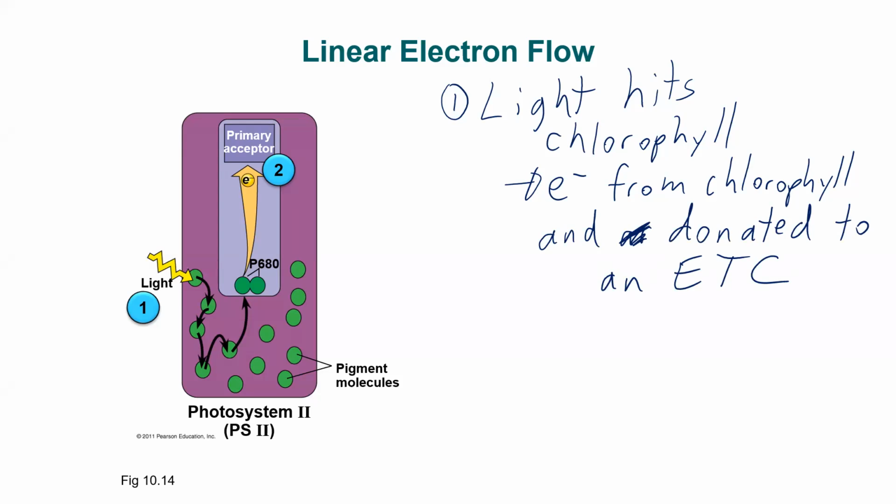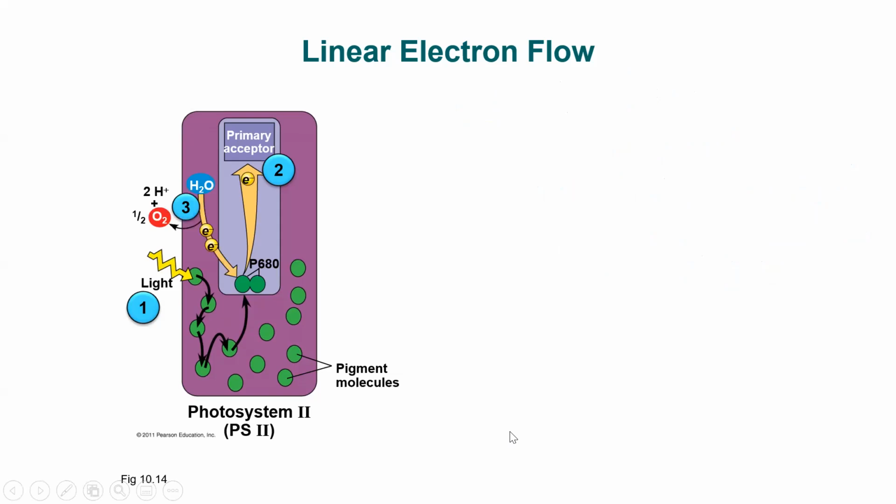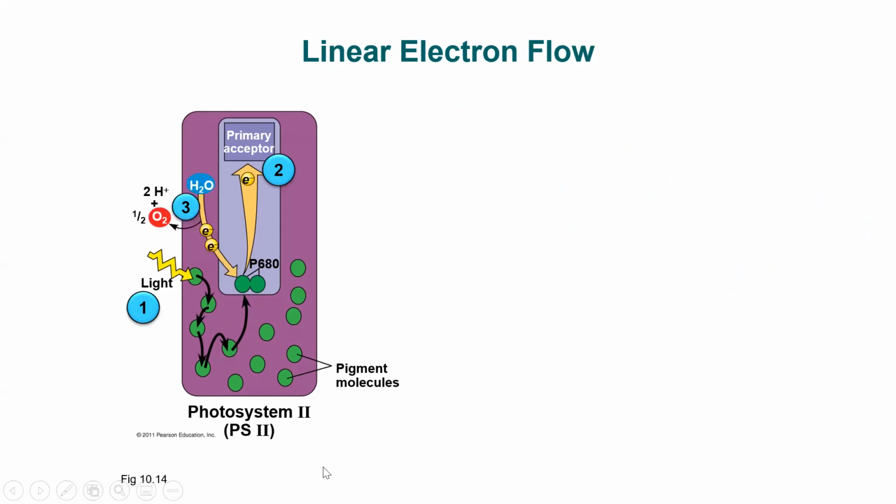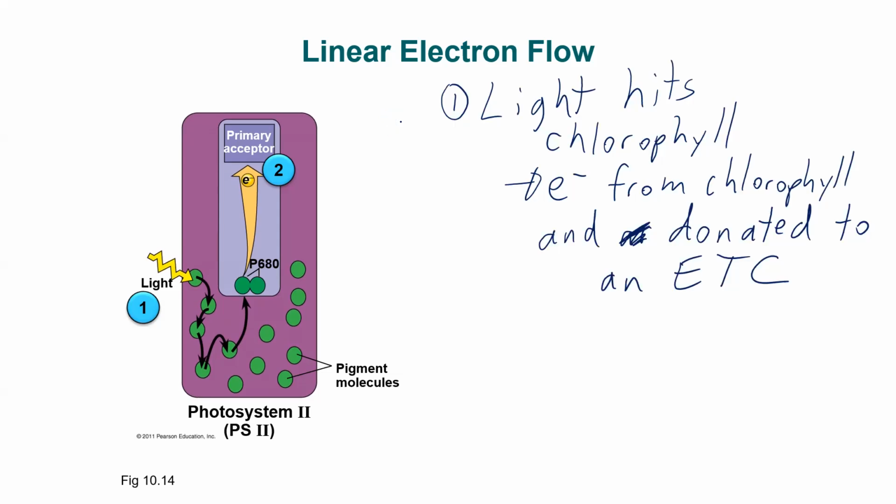So what is number 2? Number 2 is water. Oh, sorry, I forgot this is an extra slide. Hopefully everyone got that. You can always go back and replay the video. So number 2 is what do we do with those lost electrons? We want to replace them. And this is where water comes in. So number 2, or actually maybe I have these steps mixed up.